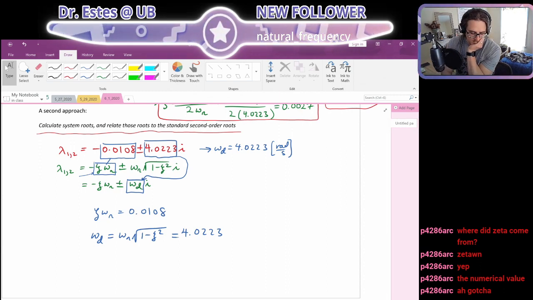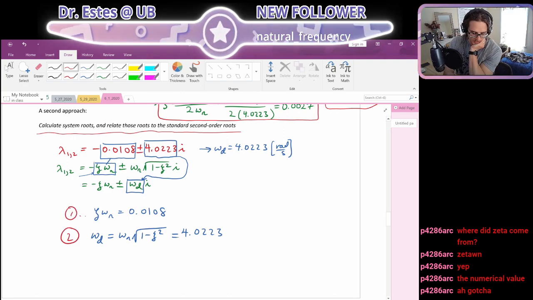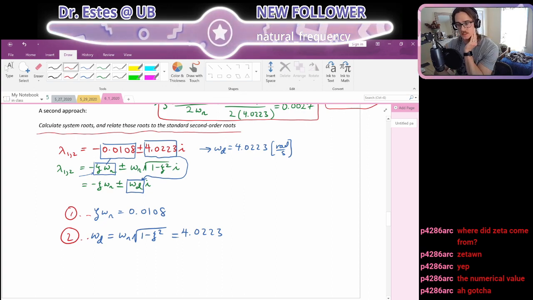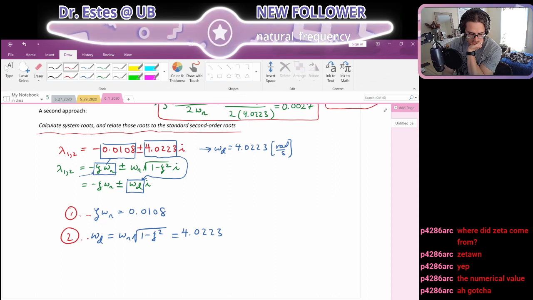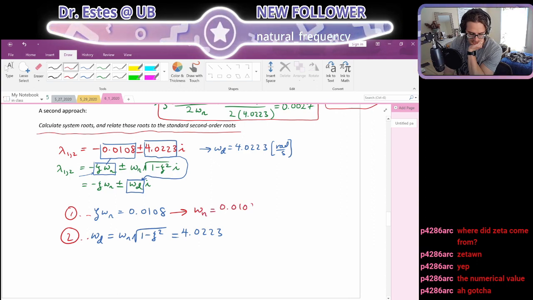Okay, so I guess you have two equations here if you want to get the natural frequency and damping ratio. So you got some choices to make. How about we do, let's do this. Omega n in terms of zeta. And then I'm going to substitute this in here.